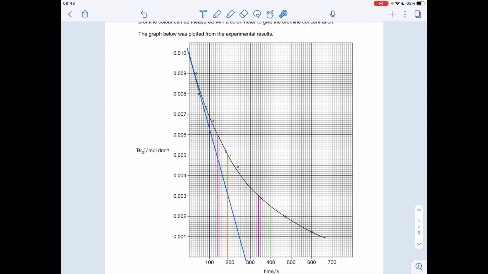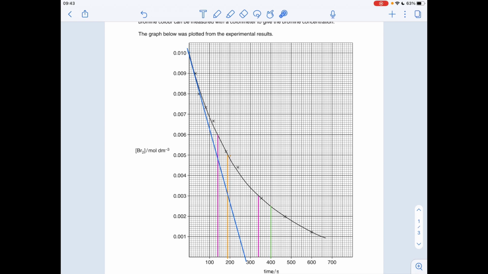And the third half-life I've calculated, I've done this one slightly differently. I've gone from 0.006 to 0.003. And the difference between the two pink lines is another 200 seconds. So from my 3 half-lives, they're approximately 200 seconds.